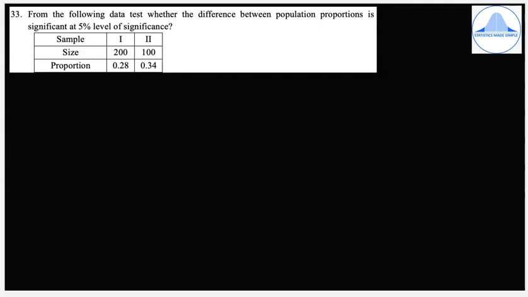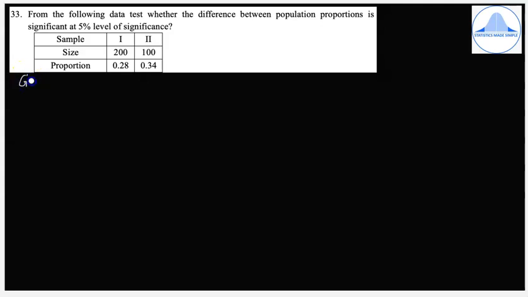33rd question. From the following data, test whether the difference between population proportions is significant at 5% level of significance. So 2 samples are given and the sizes of both the samples are given as 200 and 100, and the sample proportions, that is 0.28 and 0.34, are given.